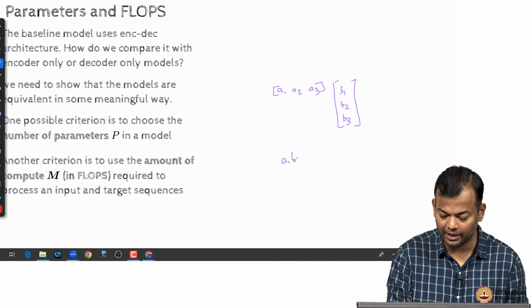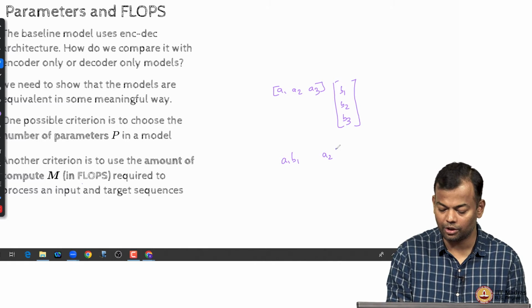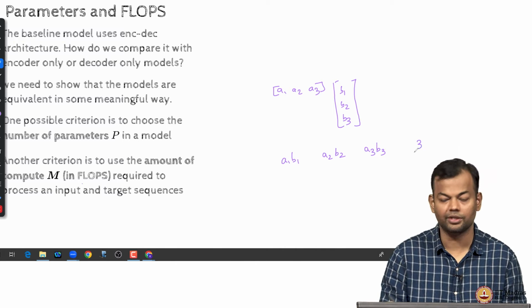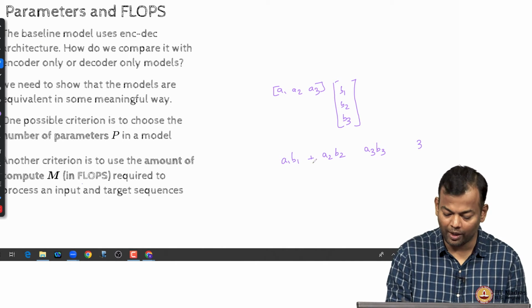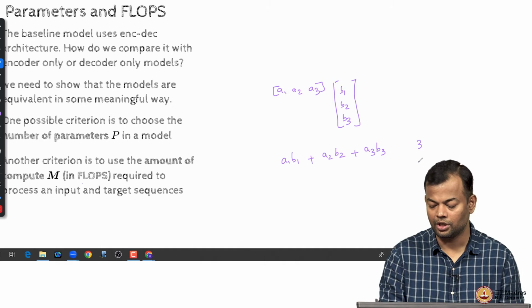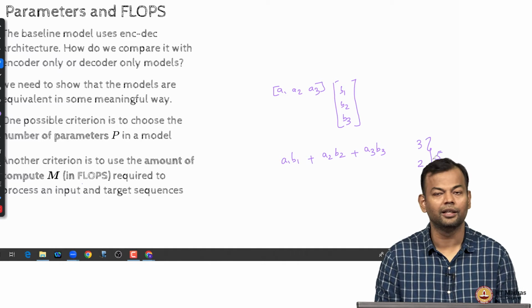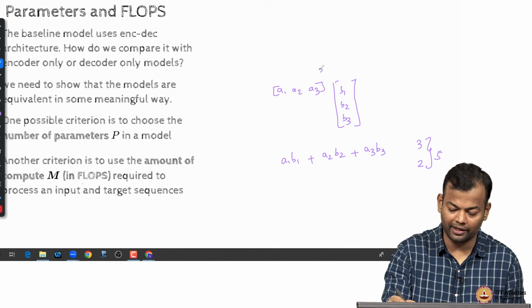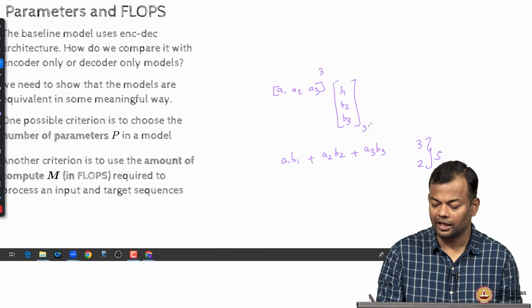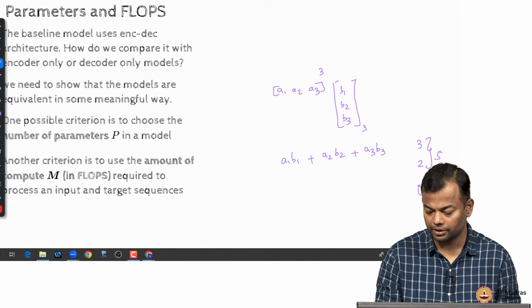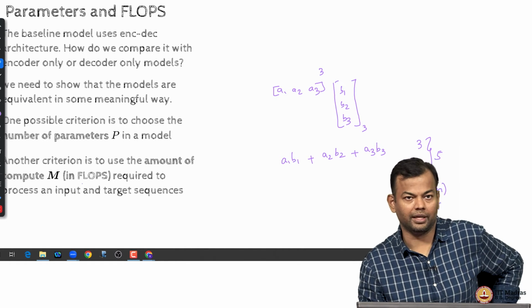First I'm doing multiplications A1B1, A2B2, A3B3, so there are three operations. Then I'm doing one addition and then another addition, so a total of 5. Or since these were vectors of size n=3, I am doing order 2n operations, since 2n would have been 6.